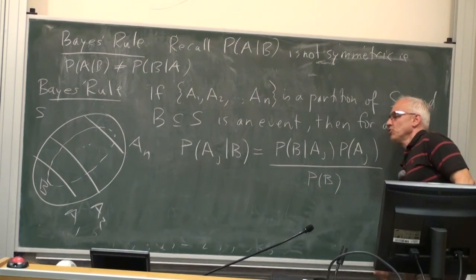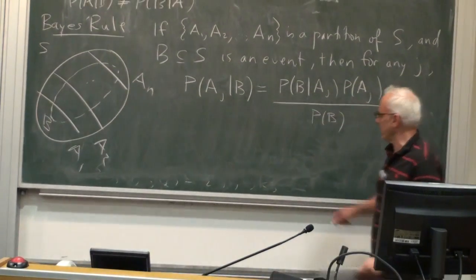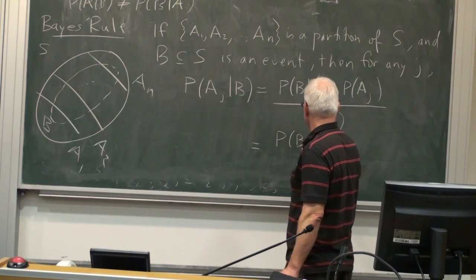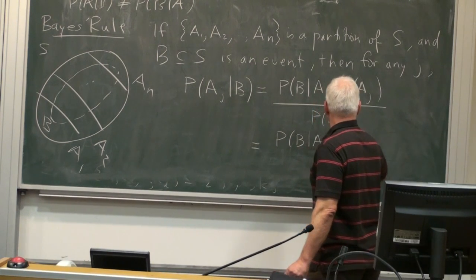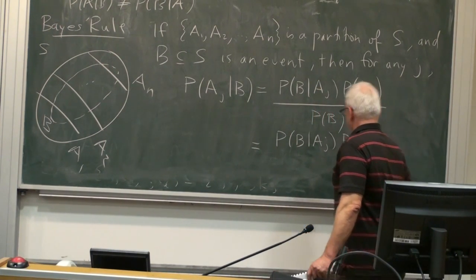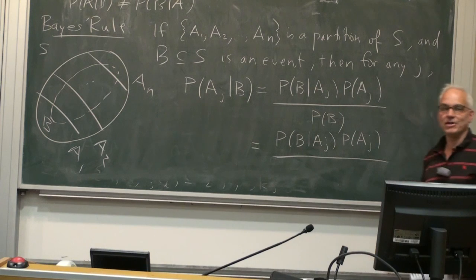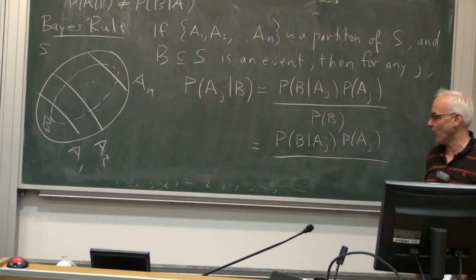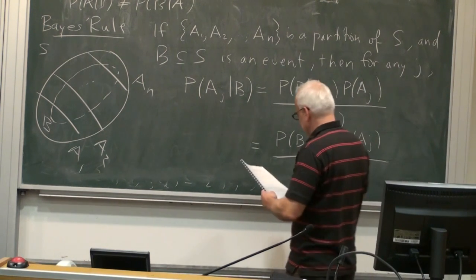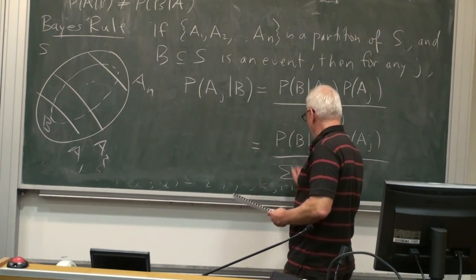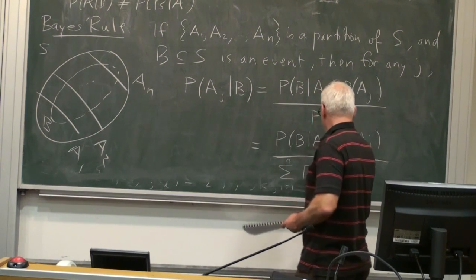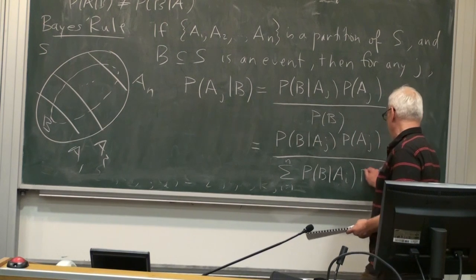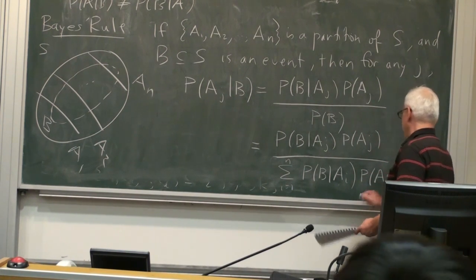That's not actually the usual form of it. The usual form is a little bit more complicated, and I'll write down the usual form. It has the same numerator, but the denominator is replaced with the expression from the total probability rule, which is that the probability of B is equal to the sum from I equals 1 to n of the probability of B given AI times the probability of AI.